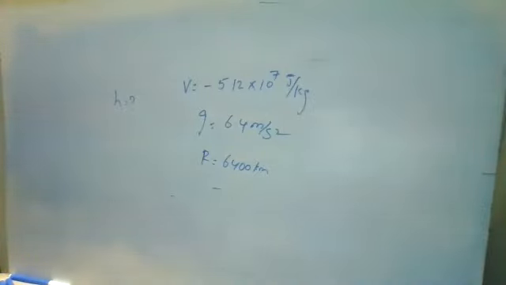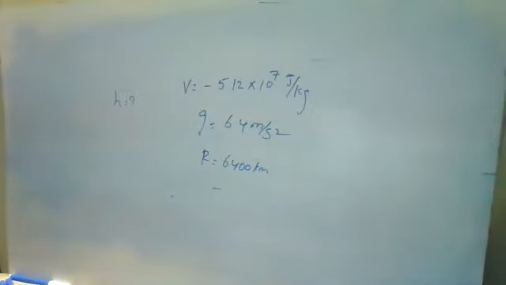Sir, minus 5.12 or 17? 5.12 into 10 power 7 joule per kg. I'll repeat the question. At a point above the surface of the earth, the gravitational potential is minus 5.12 into 10 power 7 joule per kg, and the acceleration due to gravity is 6.4.